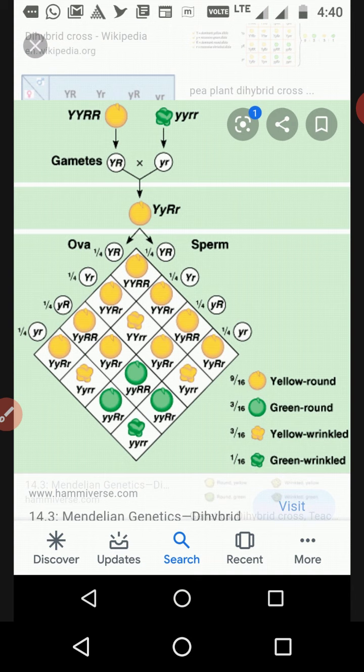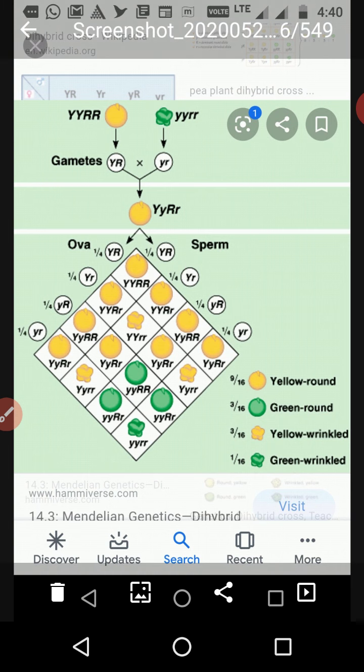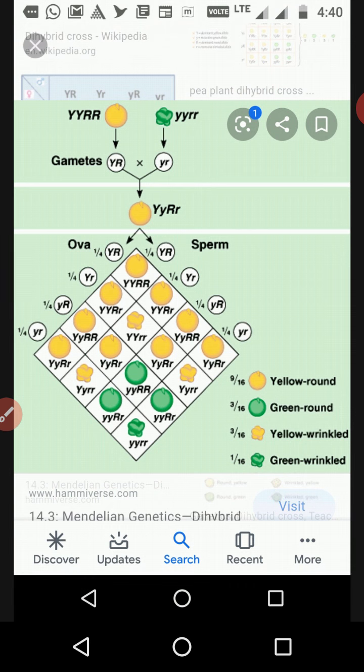You all have to make a Punnett chart, and in that Punnett chart you have to combine, taking first the first column. The one factor comes from the female and one factor from the male. Clear? Both are together here: capital Y, capital Y, capital R, capital R. Clear? And from the right side you take the second character.